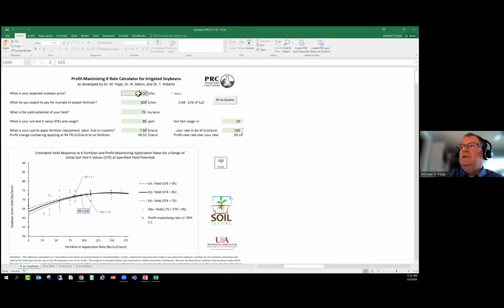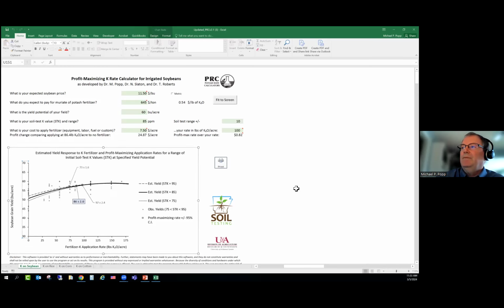So we said soybeans are $11.50 per bushel right now, and that modifies the graphic in terms of the recommendation. For fertilizer, Illinois numbers I saw this morning are at $645 a ton. Then let's not be so optimistic about the yield potential and maybe go to 60 bushel beans.